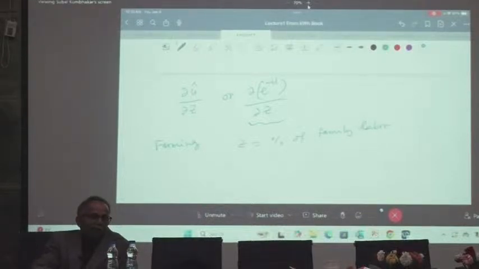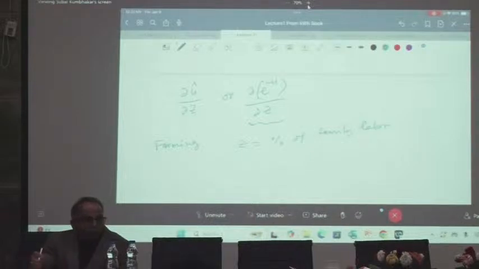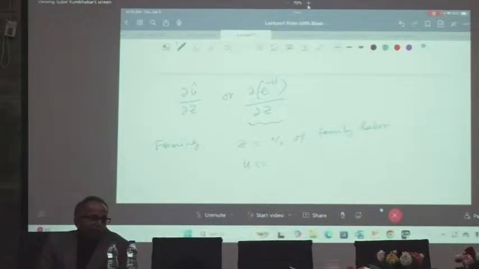This is not just a view; you can empirically estimate whether that is the case or not. So let's say the Z variable is the percentage of family labor, and you estimate the model using Z as a determinant of inefficiency. You go through the same routine and plug the data into a computer. The computer gives you an estimate of u and also the marginal effects.